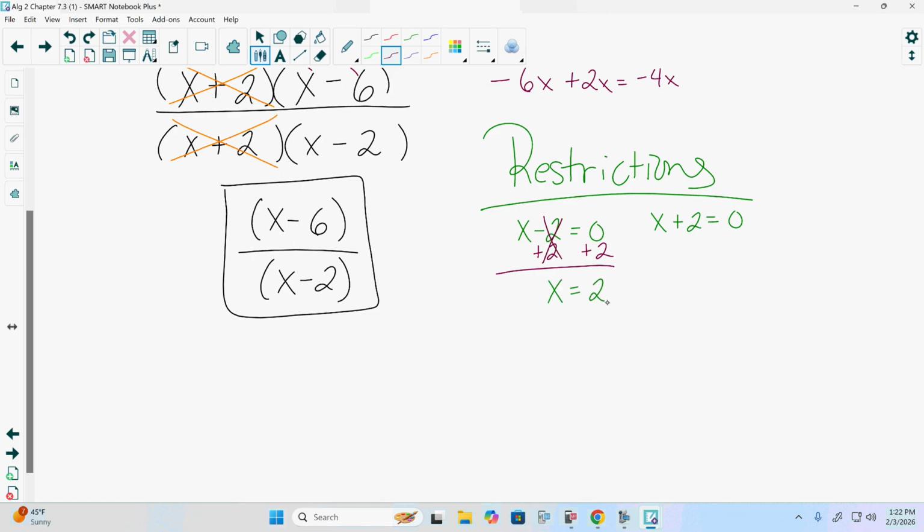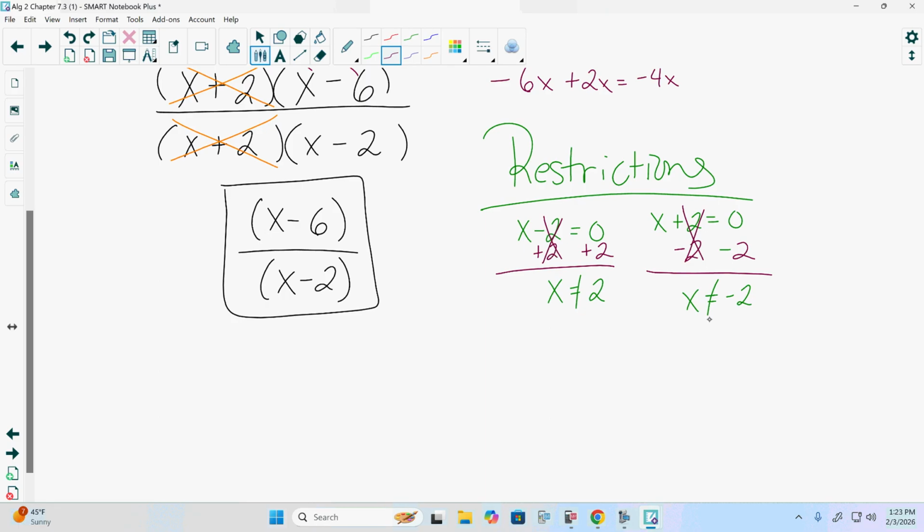And if x is 2, we'd have a division of 0, which does not work. So x cannot be negative 2 or positive 2. Do the same thing with x plus 2. As I was just saying, x cannot be negative 2. So the restrictions for this here would be positive 2 and negative 2.